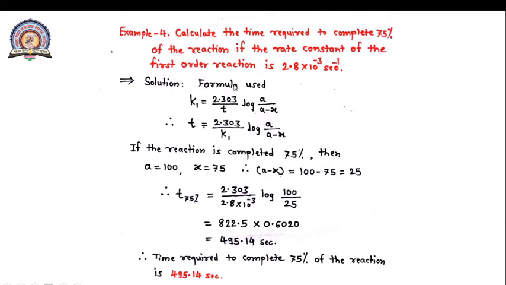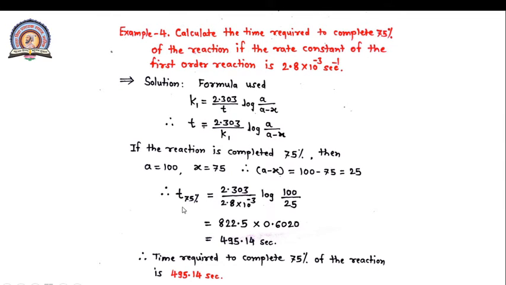Solution: the formula used is k1 = 2.303 / t × log a/(a - x), and therefore t = 2.303 / k1 × log a/(a - x). If the reaction is 75% completed, then a, the initial concentration, is 100, x = 75, and therefore a - x = 100 - 75 = 25.